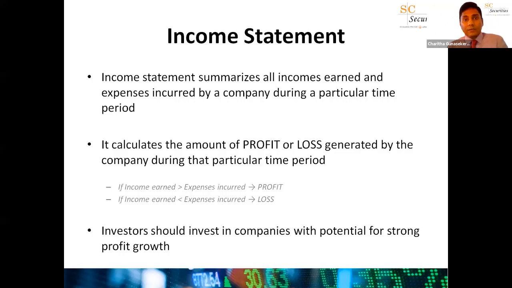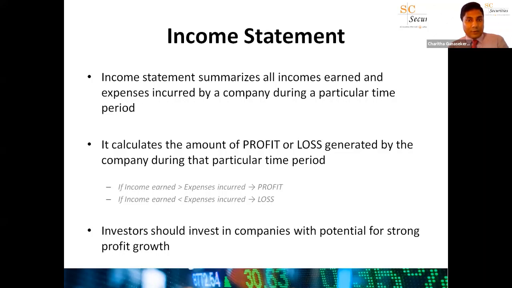So in the income statement, what we basically do is we compare the incomes we have earned with the expenses we have incurred. Simple as that. If the income that you have earned is in excess of the expenses that you have incurred, you have earned a profit.